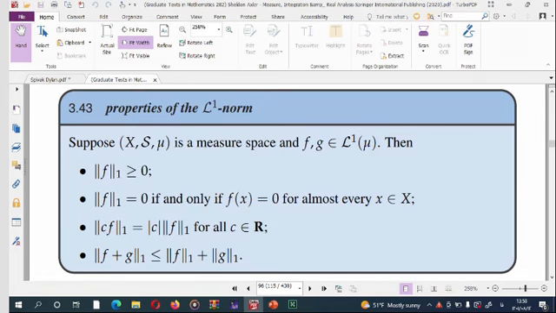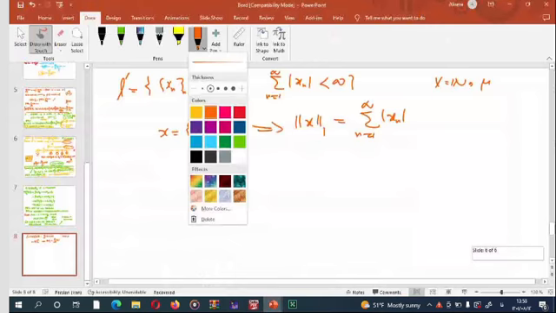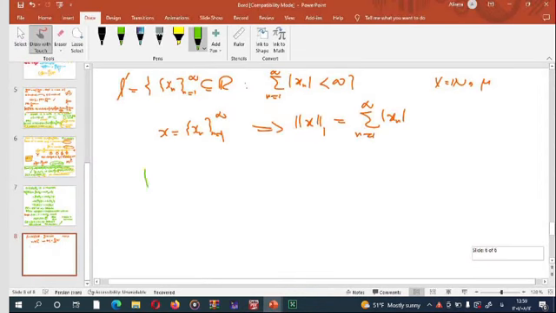is non-negative, because norm 1 equals this, by our definition. The norm 1 of f equals this integral, and since this is positive, this integral is positive.